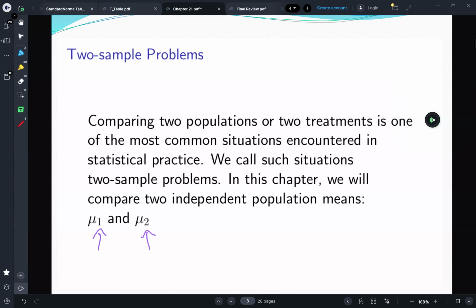So from population 1, the mean mu1, that's what we're trying to estimate, and mu2 from population 2. And we usually look at their difference. The difference means you subtract one from the other. And they're independent population means.